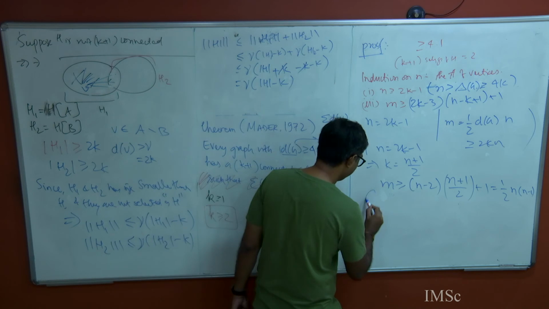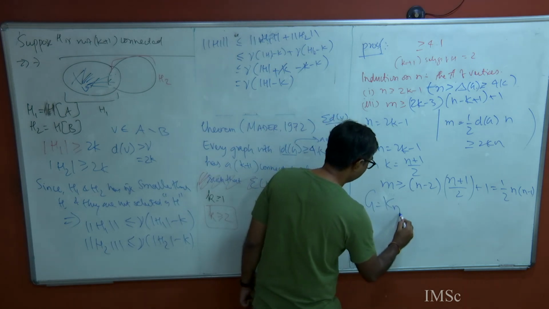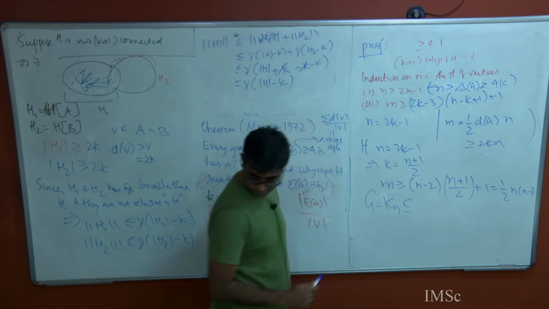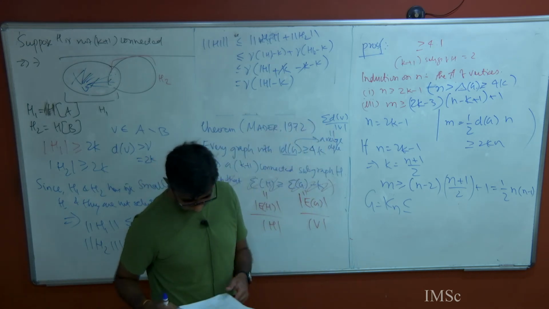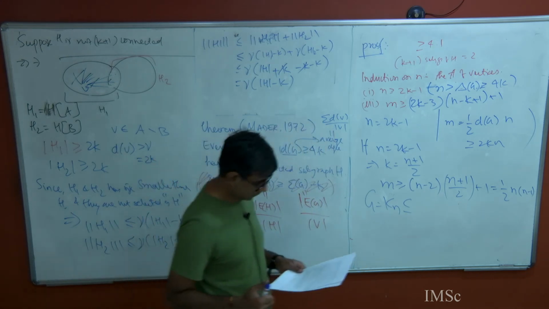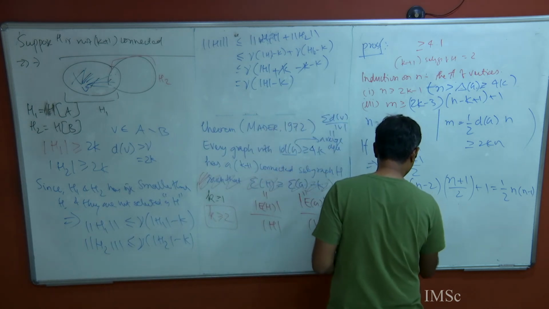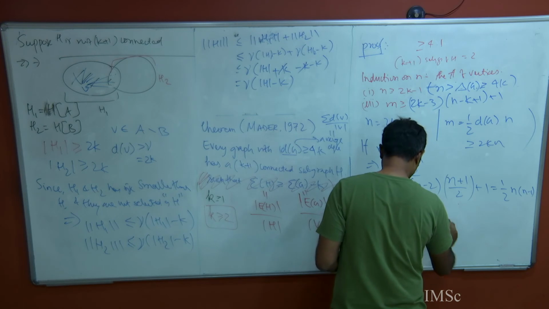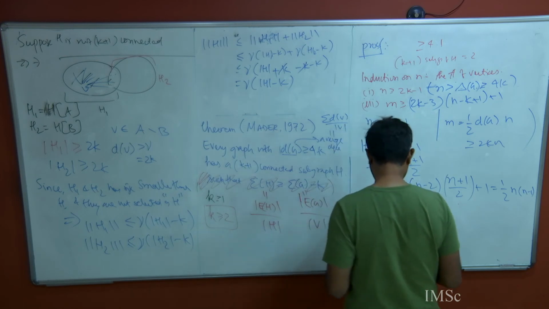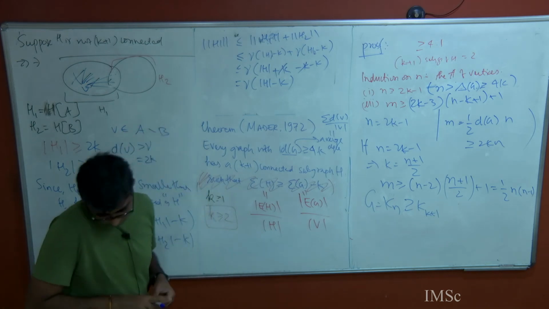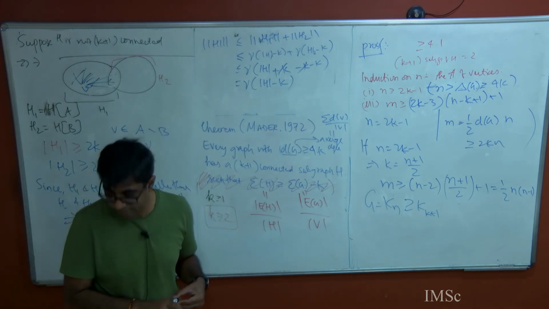So what is G? It's Kn, and it is contained inside where? Right? Yes?